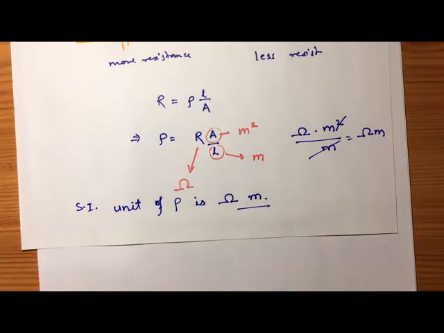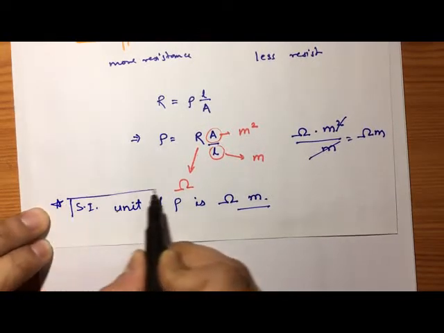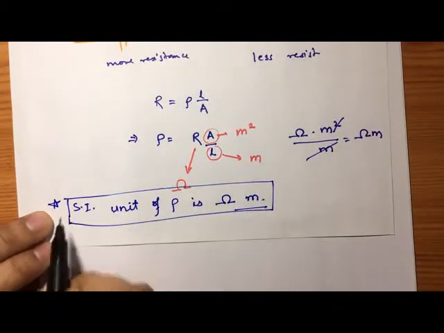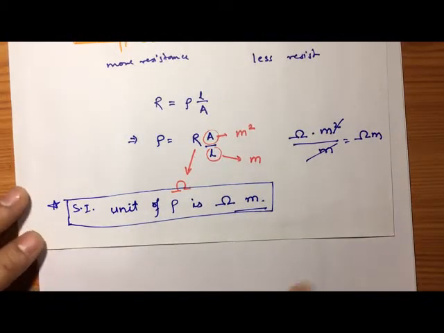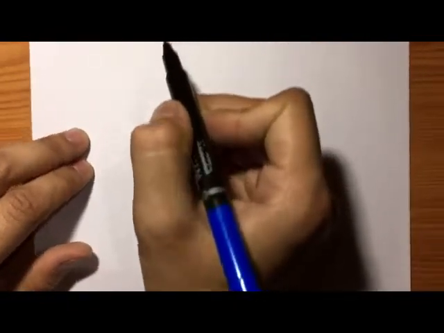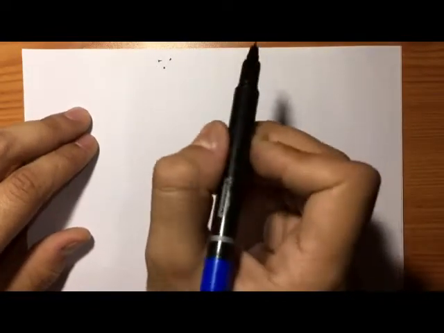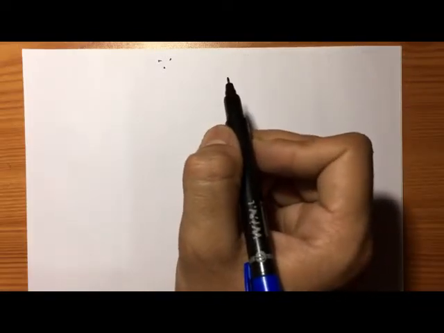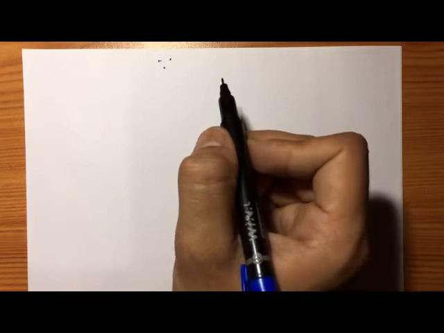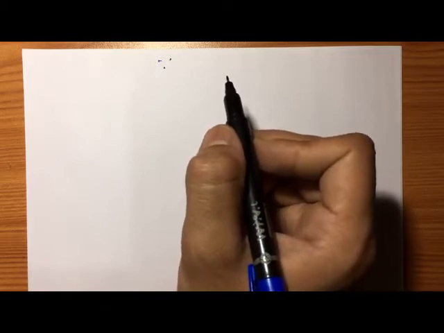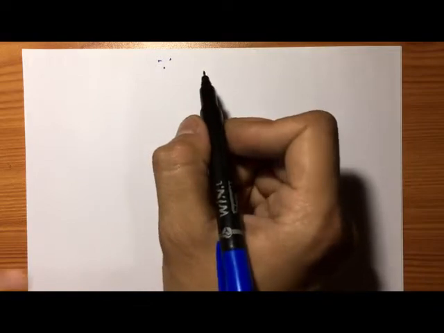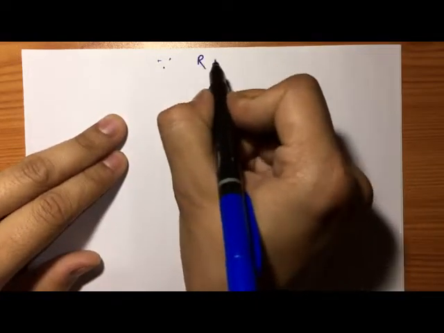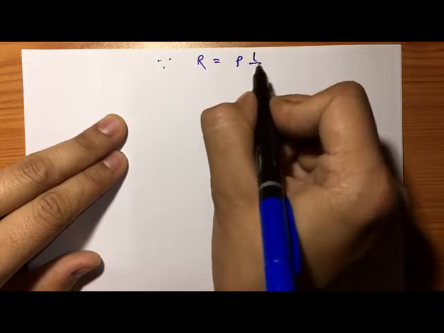What is the SI unit of resistivity? The SI unit of resistivity is ohm meter. Now since this equation is very important from the exam point of view, we will consider a numerical after this short discussion. R is equal to rho times L divided by A.